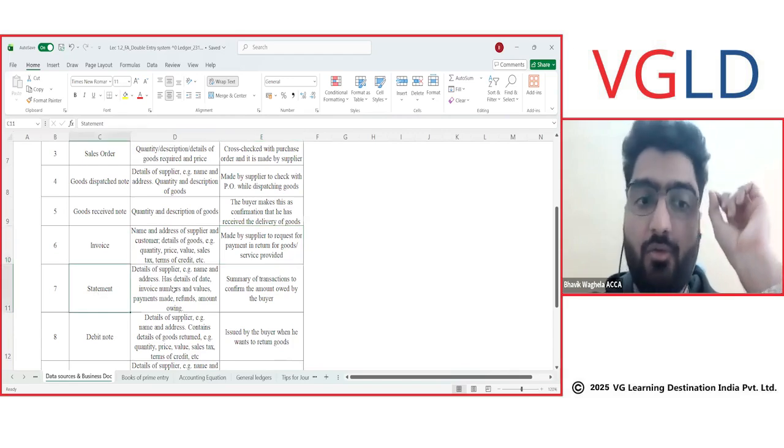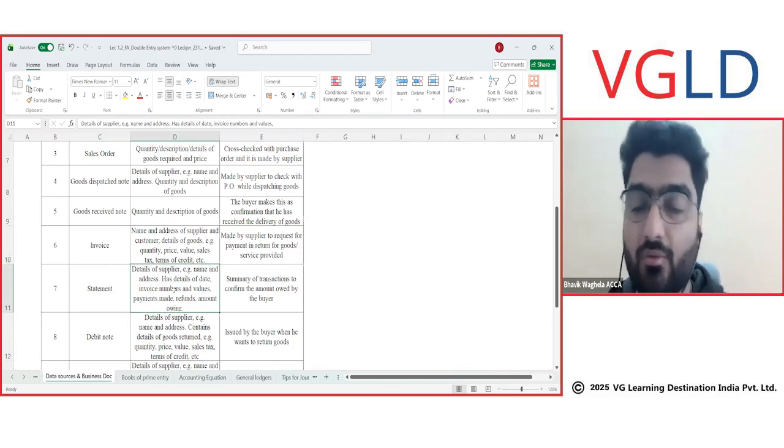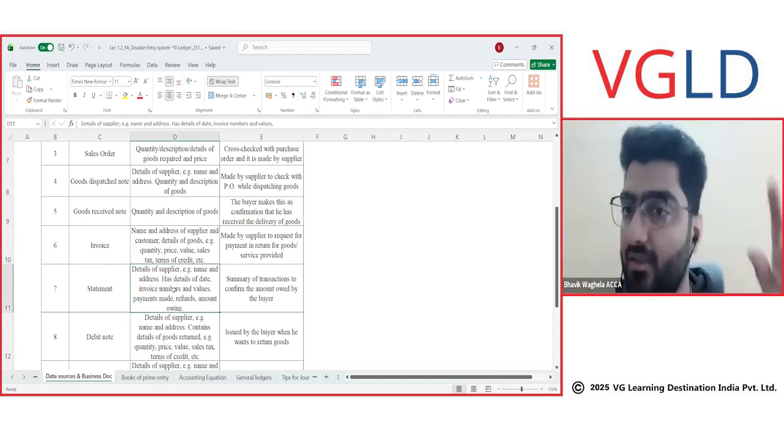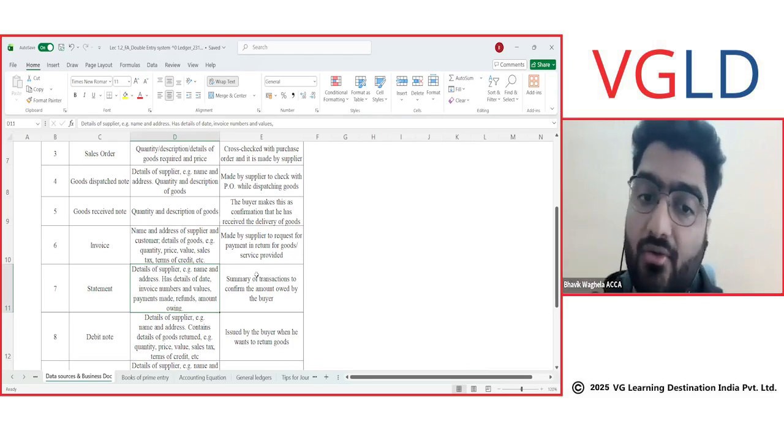Then there is something also known as a statement. This is the account statement that we prepare, a kind of ledger account that shows how much amount a customer owes us.